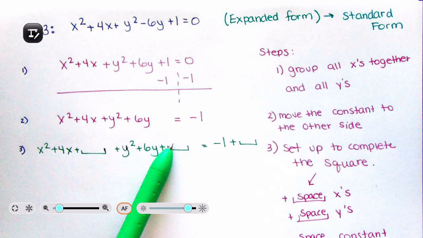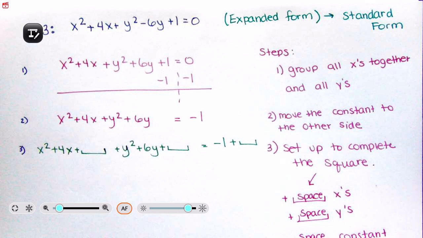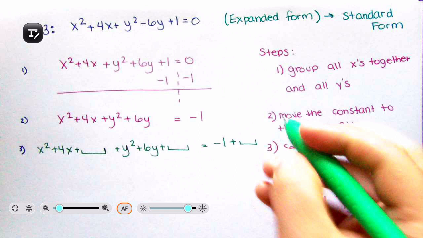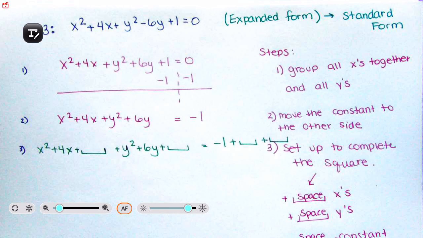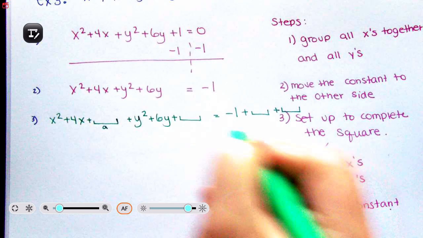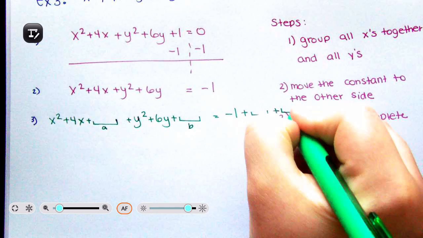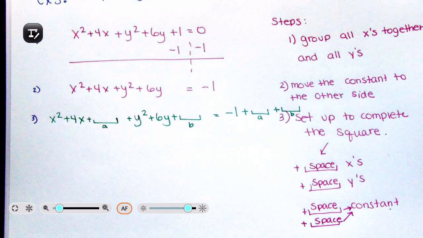So we want 2 spaces for your constant. So let's add that in. Let's call this space A and this is B, space A, space B. So we're going to add space A and space B on both sides. Whatever you do to one side, if you're adding a value to one side, you have to add that value to the other side, okay?